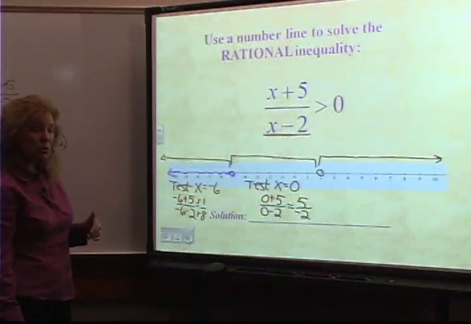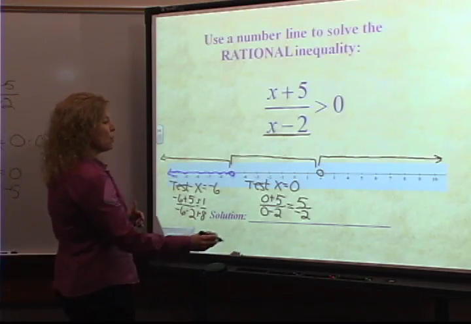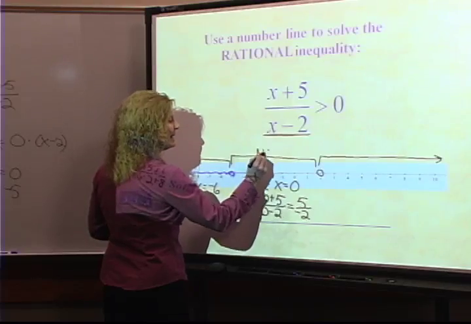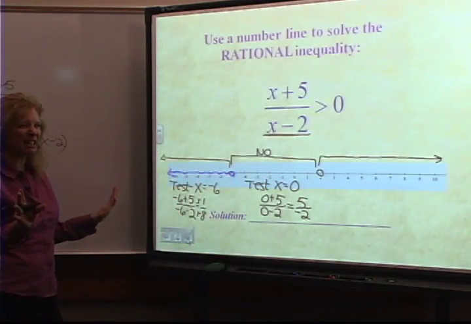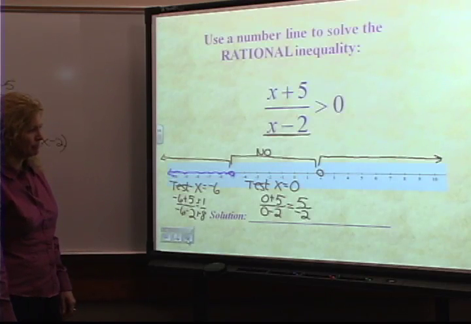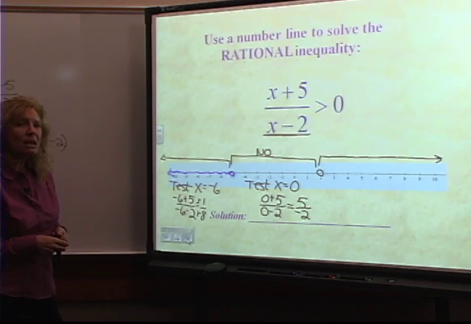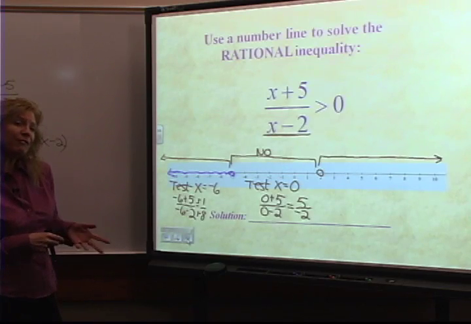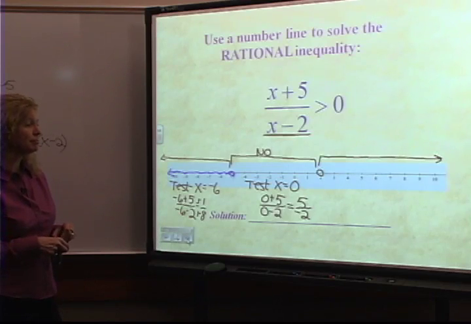Is that greater than 0? No. So I don't want anything in that interval. Whole interval's gone because I didn't like 0. Hey, if you want, you might play around with some other values within the interval in order to get a better feel for why just testing 1 is enough.